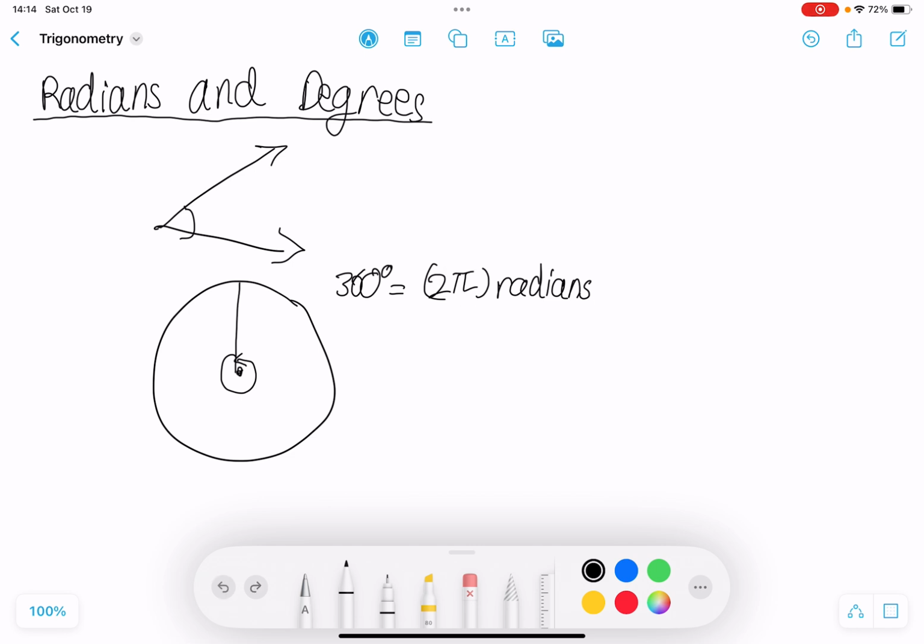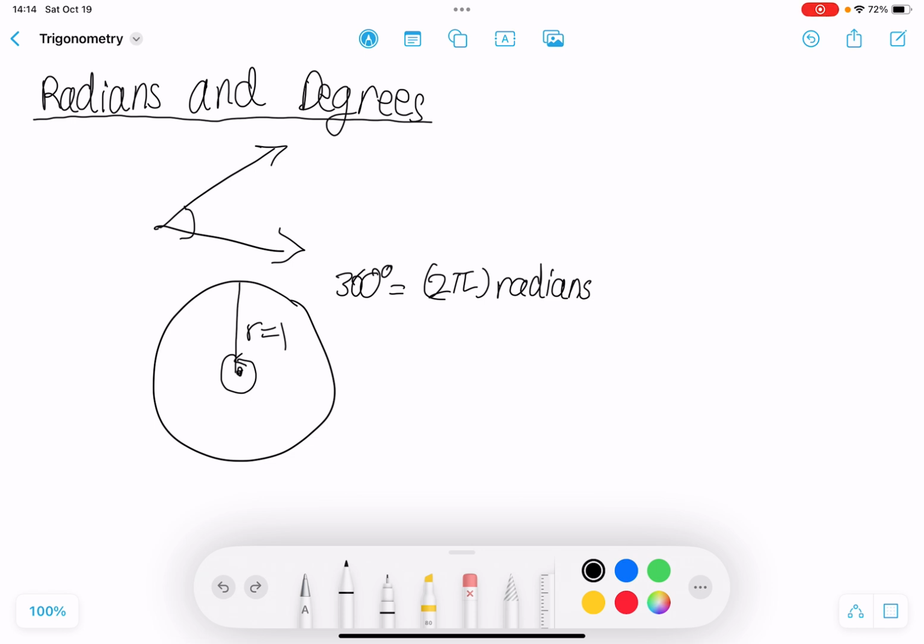Basically, if I drew a circle with radius 1, or any radius, a 360 degree angle would cover the circumference of the circle, right? And the circumference is 2 pi r. Now if the radius is 1, then this 360 degree angle just covers 2 pi length. So we call that 2 pi radians.